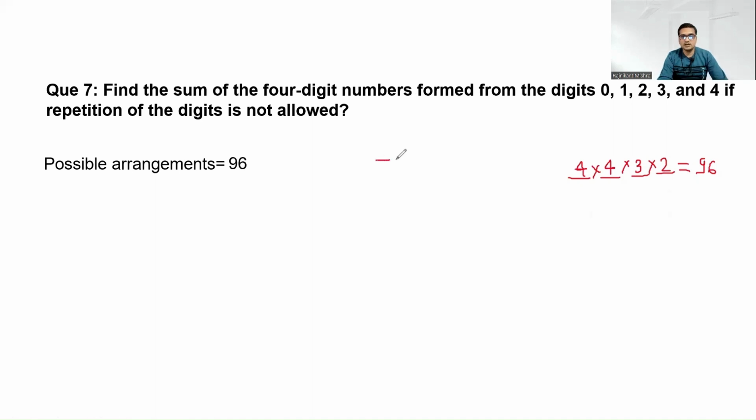Here all numbers are of 4 digits. At first position, 0 is not present, and we have only 1, 2, 3 and 4, means only 4 digits, and total number of arrangements is equal to 96. The repetition cycle is equal to 96 numbers by 4 digits is equal to 24.